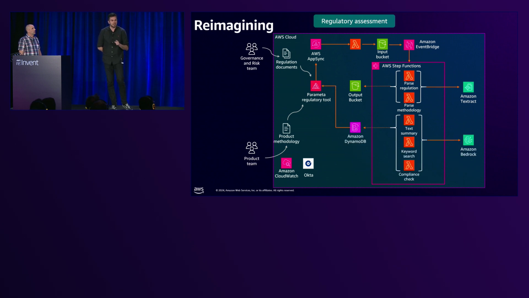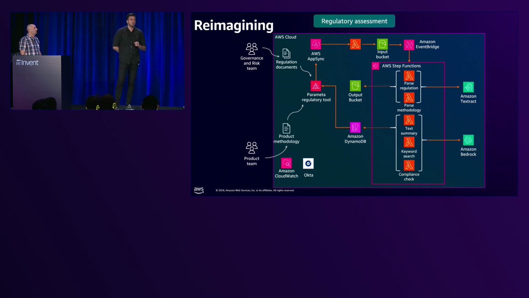We'll have a deeper dive, but then the last thing we do is once we've parsed out this information, we then do a series of Gen AI activities. So you can see on the screen there that we do summarization. We use Bedrock to do summarization. We did an initial experiment with keyword searching, so using keywords in the methodology to see if it complies with regulation.